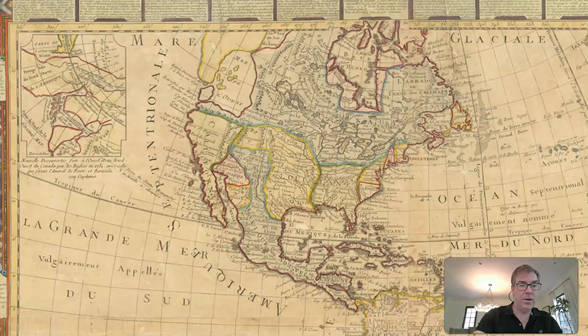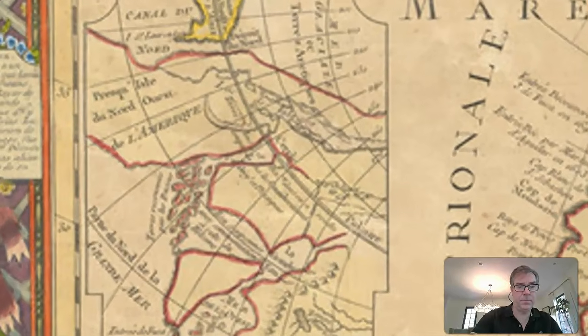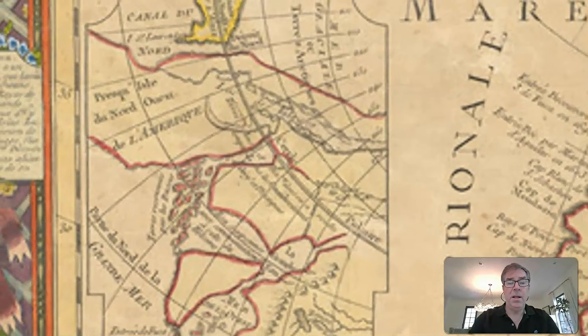And you can see here in this part of the map, you can see the Presque Isle of North America. And you can see there's a small strait between it and part of what we now know as Russia.